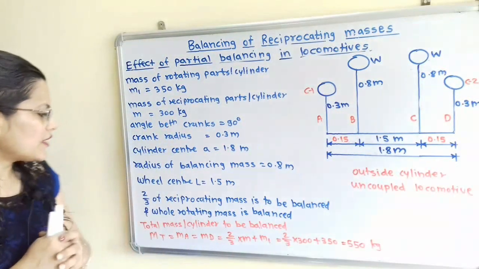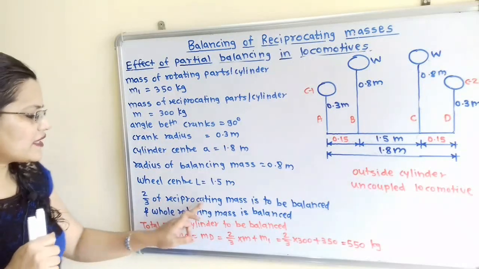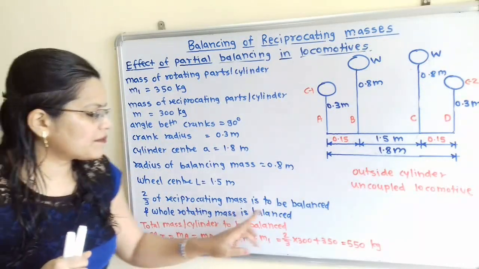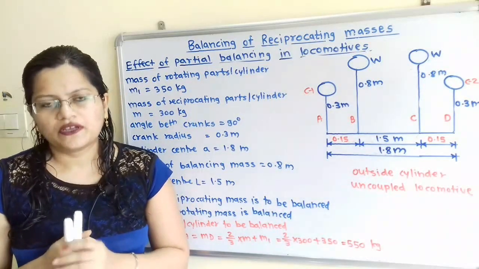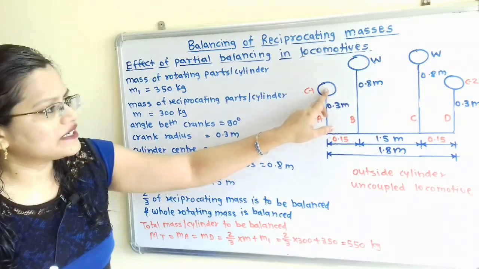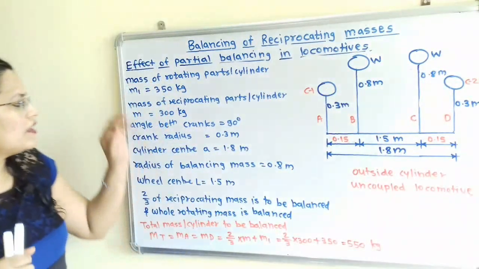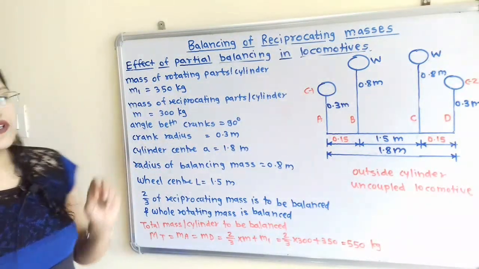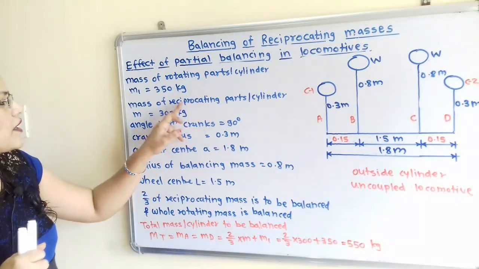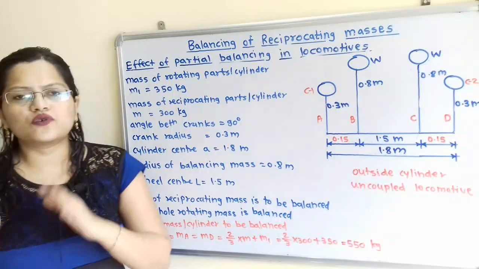Now it is also given that 2 by 3 of reciprocating mass is to be balanced and whole rotating mass is to be balanced. So here at these two cylinders, that is for cylinder 1 and cylinder 2, reciprocating mass and rotating mass is given. Now portion of the reciprocating mass to be balanced is 2 by 3.